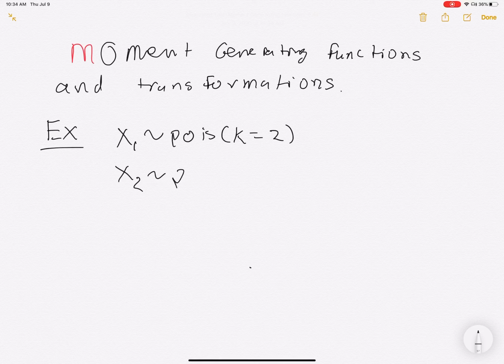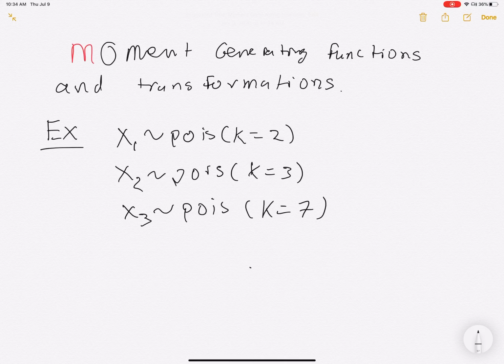X2 is Poisson with k equal to 3, and X sub 3 is also Poisson with k equal to 7. Now, I'm going to additionally assume each Xi is independent.